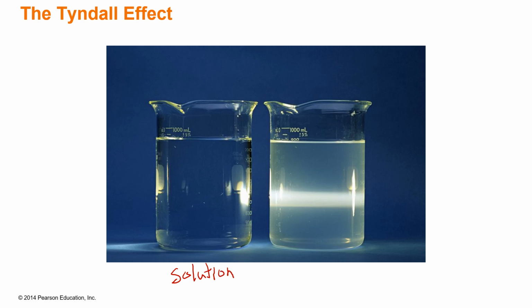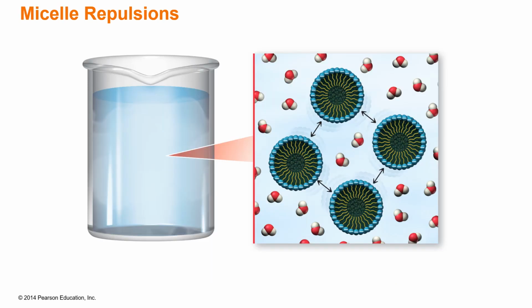When we do see the light scattering based on larger particle sizes, then this is a colloid or suspension, because we can see those particles scattering the light. Micelles will actually repel each other, and we get this repulsion, which is what keeps them in suspension in the water solution.